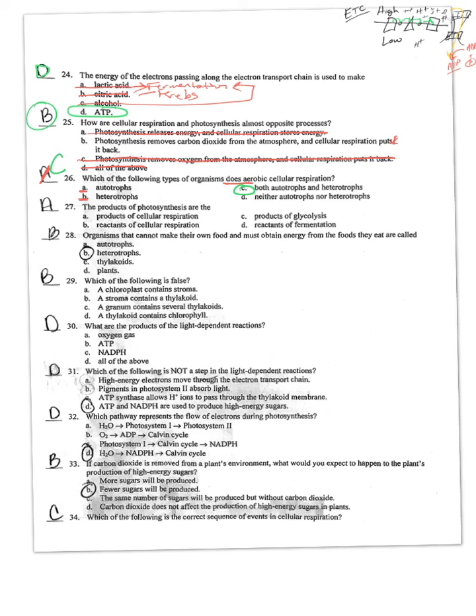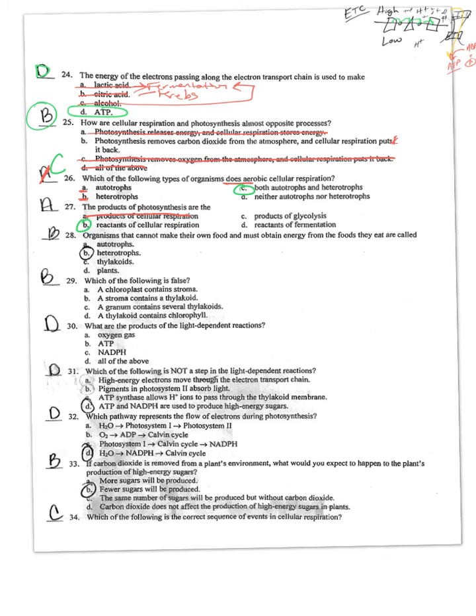The products of photosynthesis are the reactants of cellular respiration. So the products of photosynthesis, which would be what? Sugar and oxygen, are the reactants in cellular respiration. So B is the answer there. They're not the products of cellular respiration.